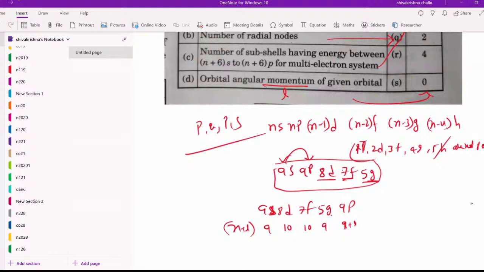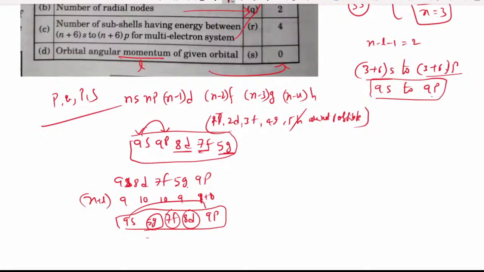So 9s after 5g, 5g after 7f, 7f after 8d, 8d after 9p. This is the order of filling. So between 9s and 9p, who is there? 5g, 7f, 8d, by N plus L value. I think your doubt was clarified.